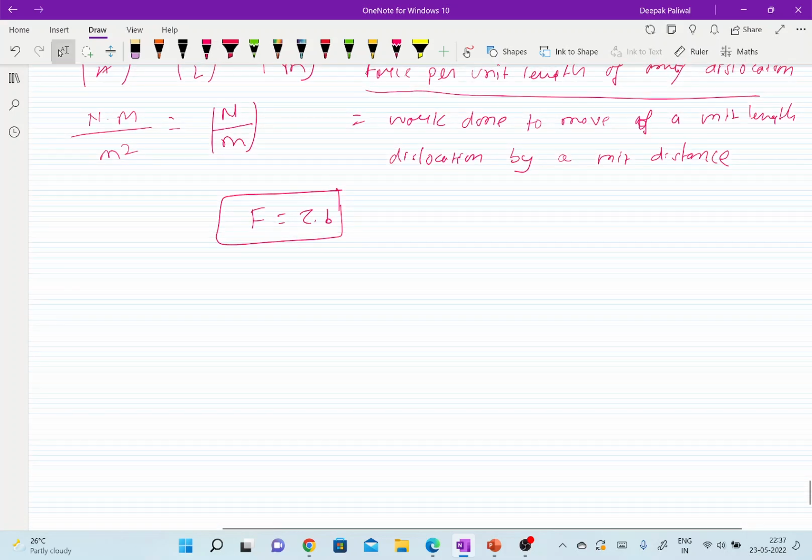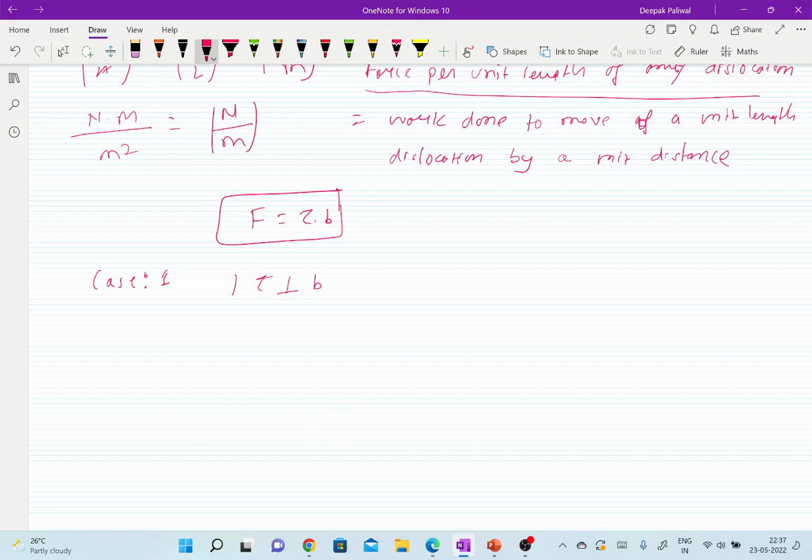So now consider some cases. Case 1, when the tau and the b directions are perpendicular to each other. So what does it mean? There will be no force. If the force is not available, then there will be no movement. When tau is in the direction of b, then only the dislocation movement will happen.